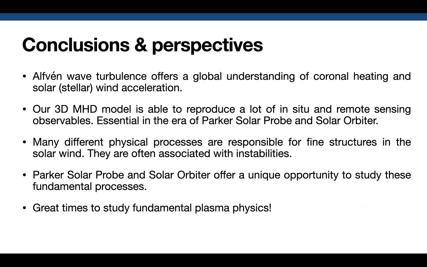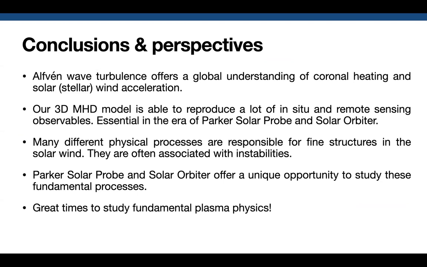Okay. So here are my conclusions. Alfvén wave turbulence offers a global understanding of the coronal heating. I think we now have a pretty consistent and convincing picture that the turbulence is largely involved in the solar wind acceleration and the coronal heating.